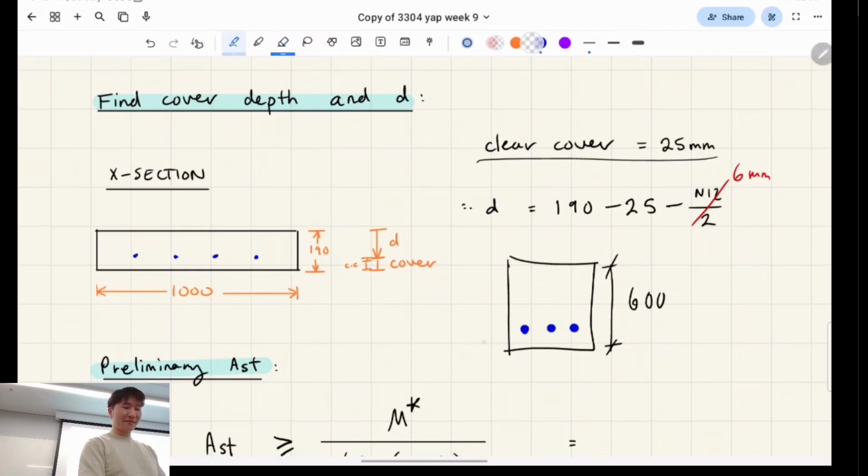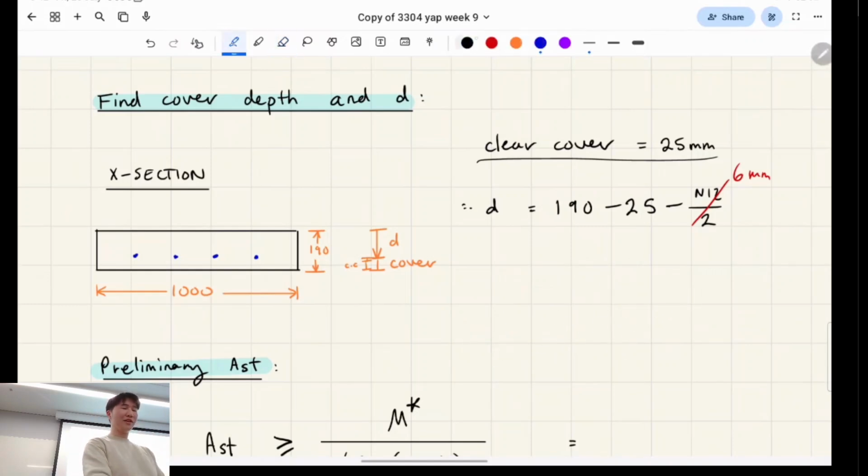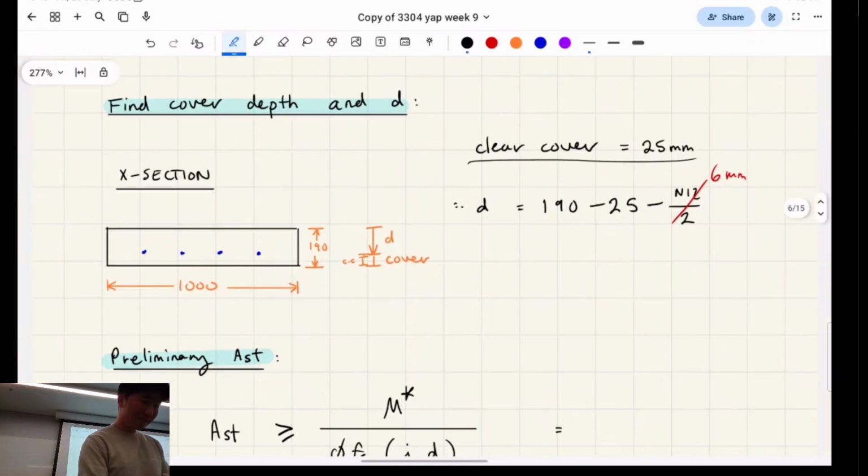Whereas for a slab, I think N12 is more reasonable. So it's based on the vibes of how deep this section is. There's no rules for it though. So for a slab, I would just say N12 because this question says so.